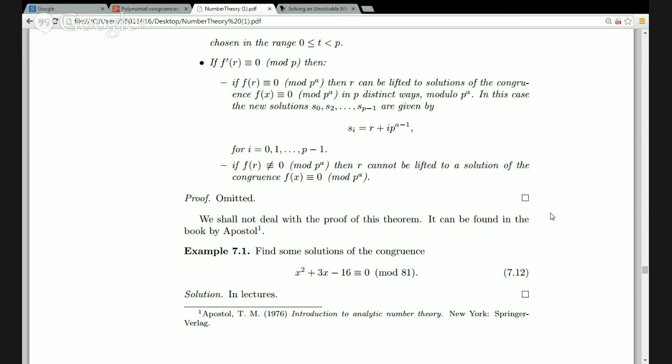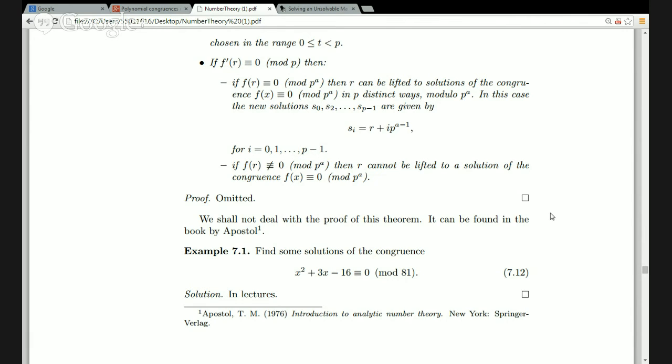So we go back into the lifting uniquely case. So r equals 7 lifts uniquely to s, which is given by r plus 27 times t now.